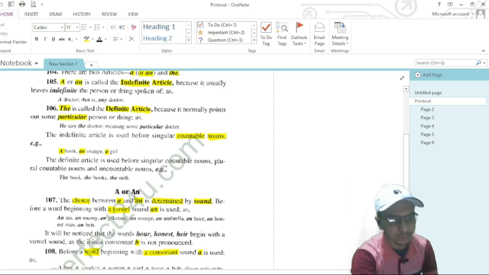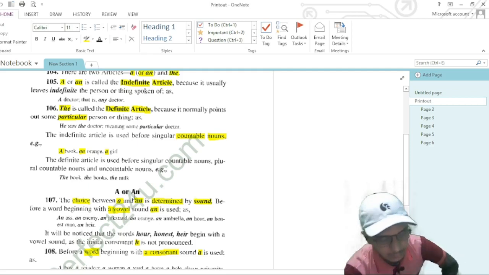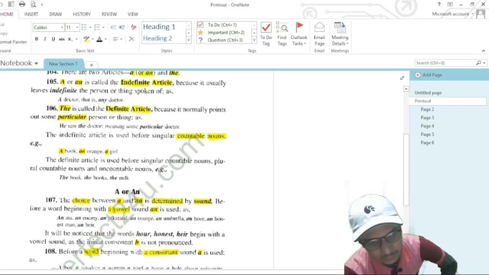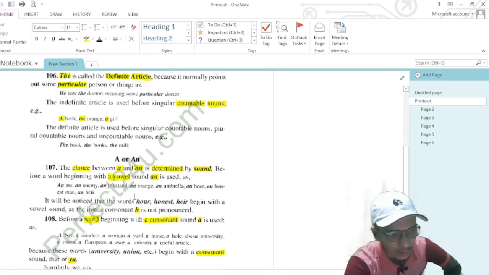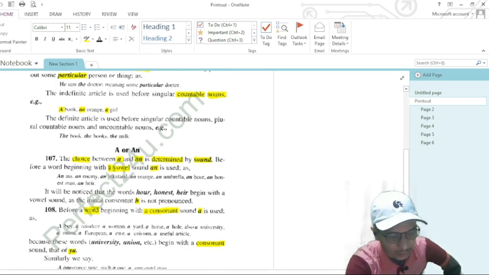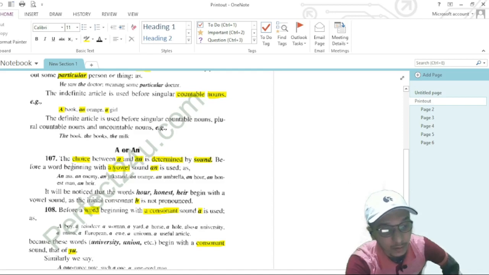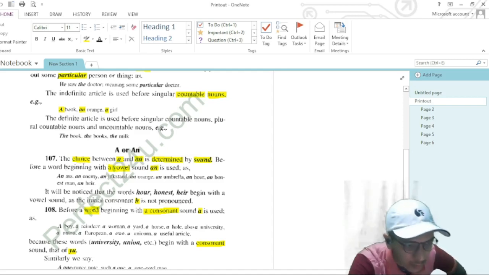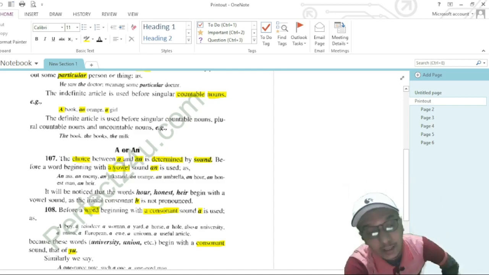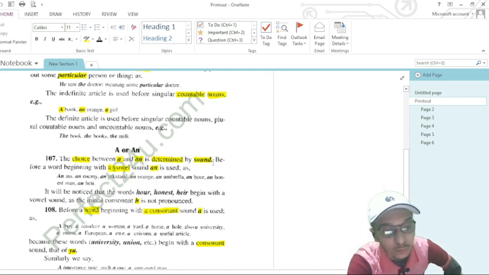So the rules are discussed. The next rule is point number 107. The choice between a and an is determined by sound.